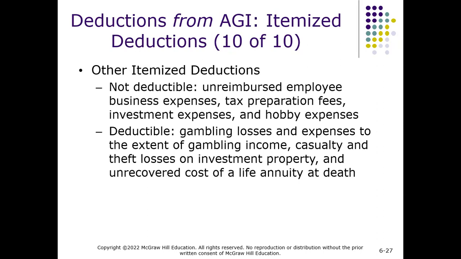There are some other itemized deductions, such as gambling losses. They can be deducted to the extent of gambling income, certain casualty and theft losses on investment property. And if we pass away before we are able to recover all the cost of an annuity, in the year of death, the person can deduct that as an other itemized deduction.